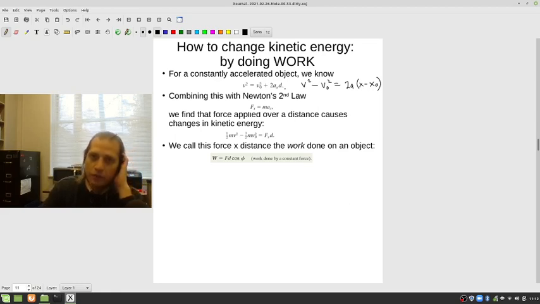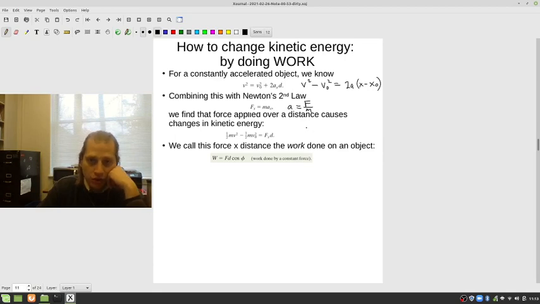Now, what am I going to do? Well, we know that accelerations are caused by forces. So in place of this acceleration, we're going to put a equals F over m. So this object has some mass, there's some force acting on it that's causing that acceleration.